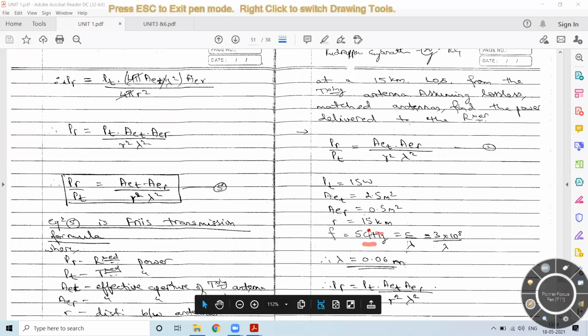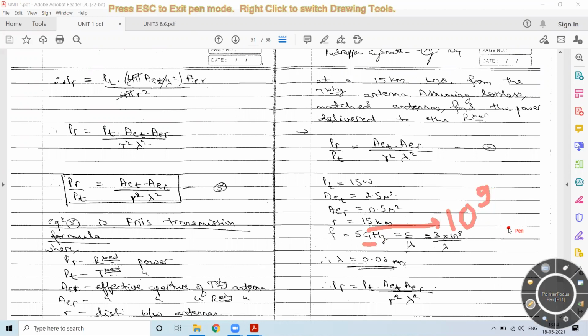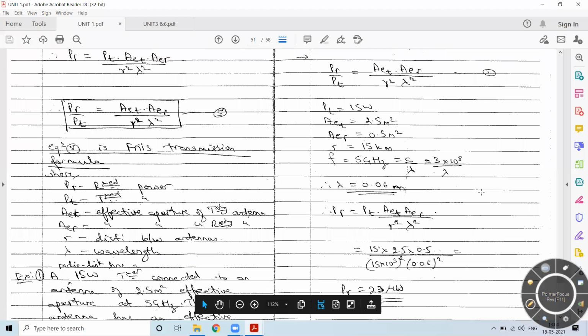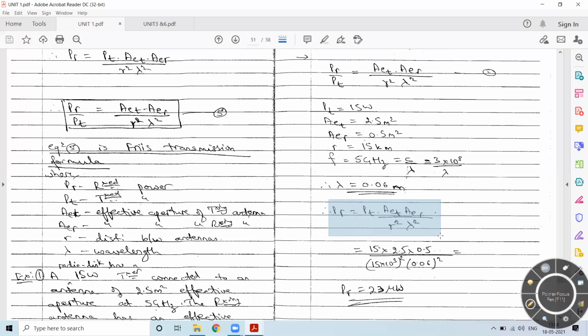And remember, giga implies 10 raised to 9. So when you estimate lambda, you get around 0.03.